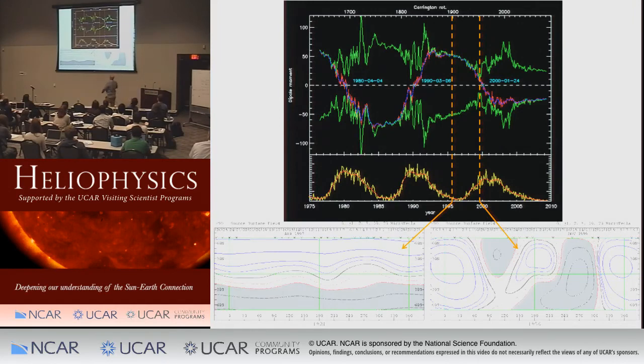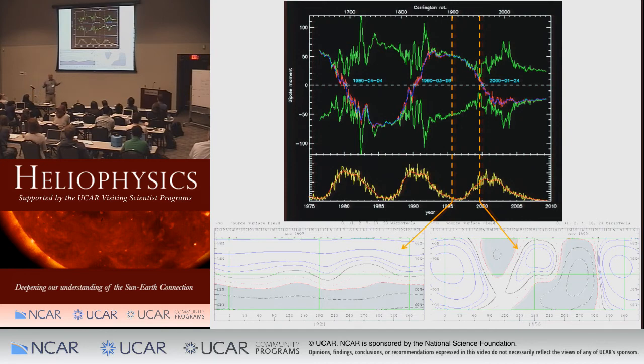When we look at the time when that dipole moment is fairly small, what we see is this kind of shape here, where I have magnetic field coming out, in, out, in, out, as I go along the equator. Now, is this a dipole? This is a quadrupole, right? 1, 2, 3, 4, quadrupole. What's happened is the dipole has become weaker.